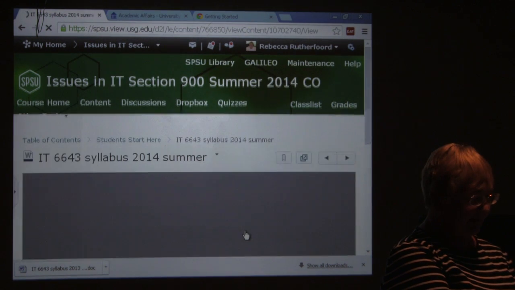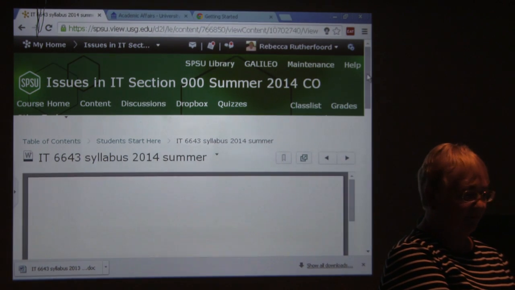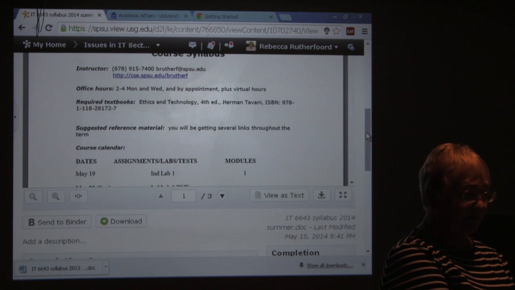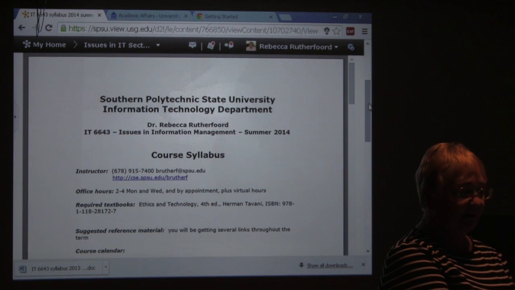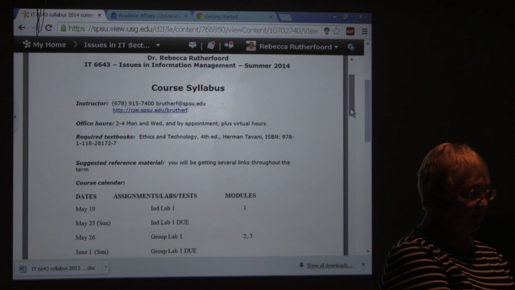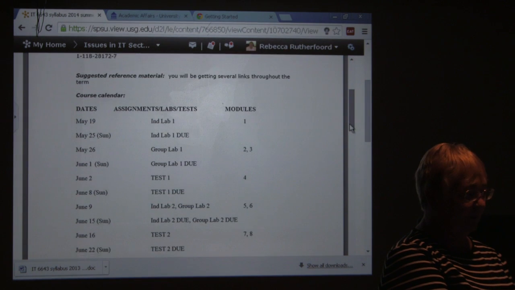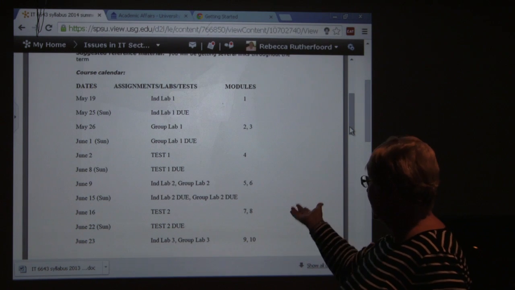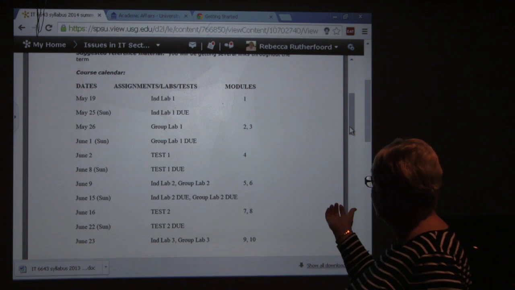When we go out to our syllabus, it is straightforward, and it has all of the various due dates and things that we have for the course. You're going to have the 8 weeks listed there, and all of your different assignments, tests, etc. that are going to be due.